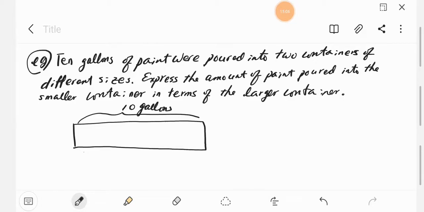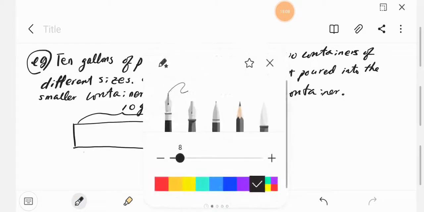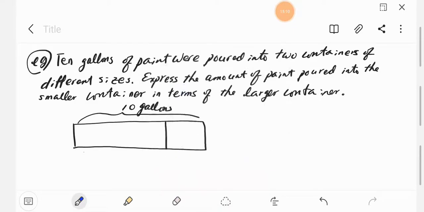And then let's say this is the large container, and this one is the smaller container. All right, the total is 10 gallons, right?